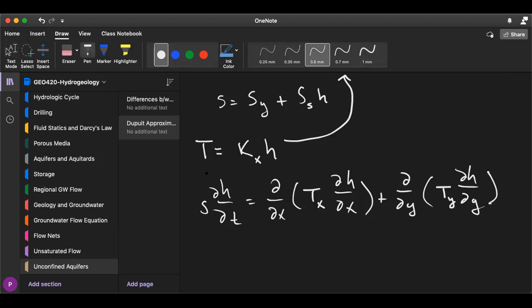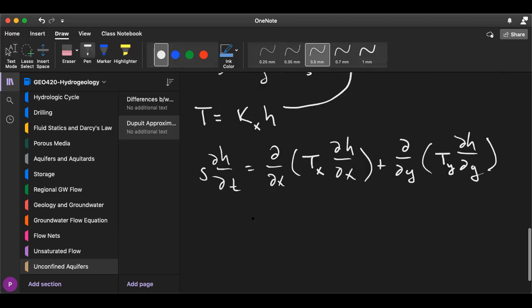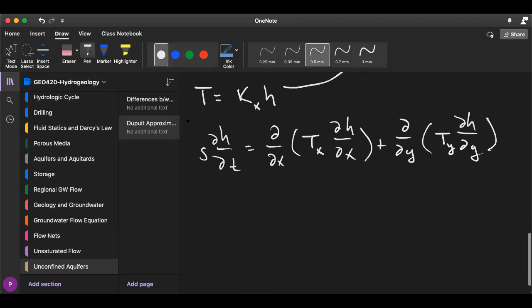Okay. This one gets called the aquifer equation. And probably the most well-used groundwater model in the world is MODFLOW, written by the USGS.